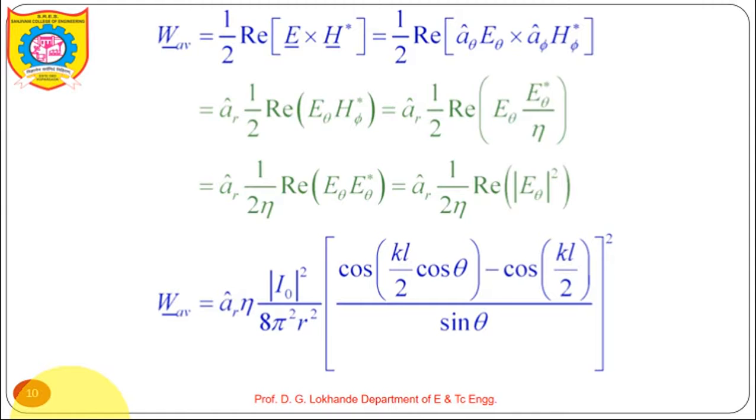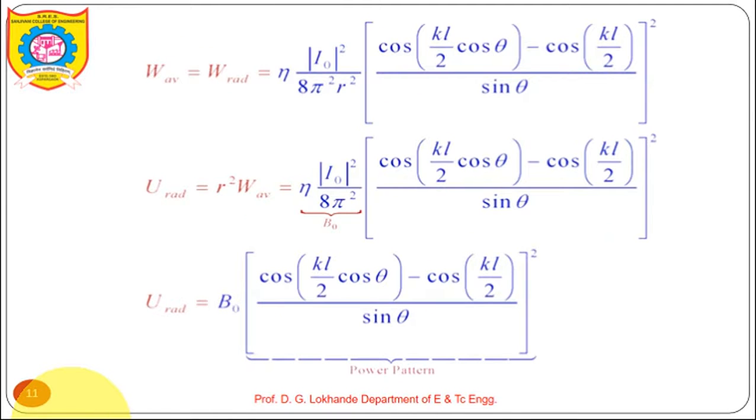After observing this term, we calculate the radiation intensity U, which is equal to r squared times the average power density. We simply put in the value, and finally we get this equation.